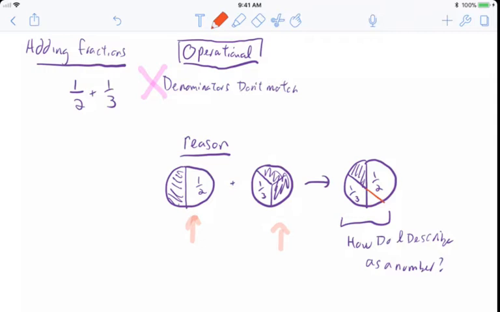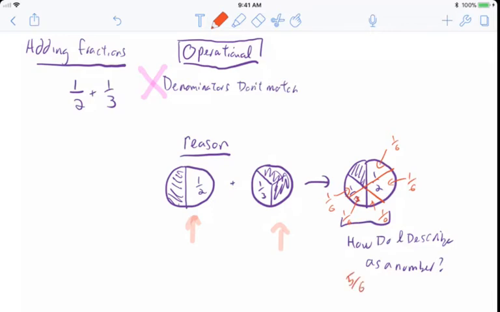I could cut this pizza into 6. Each of these is 1/6 of a pizza, and then you can count out the number of slices. So there's 5/6 of a pizza.